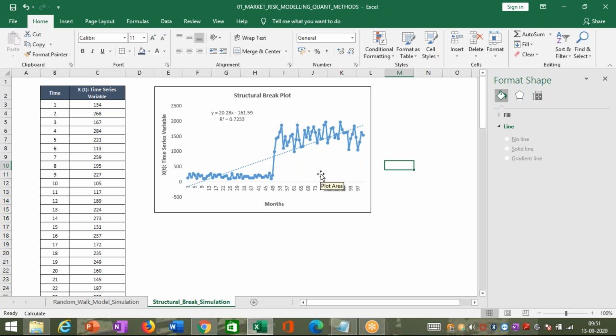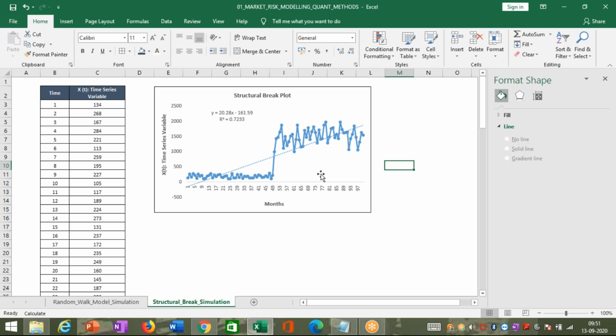And that is a very typical property of a linear regression exercise. If your series has high end values, it tends to get biased towards the higher end values.